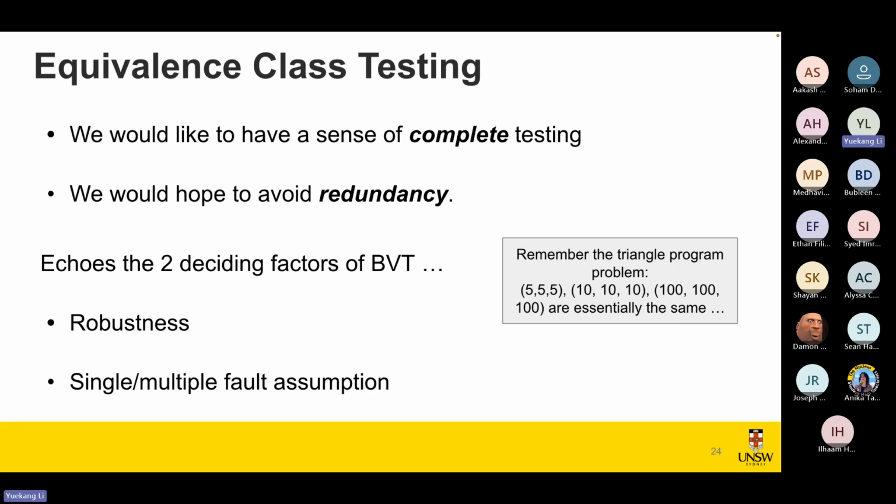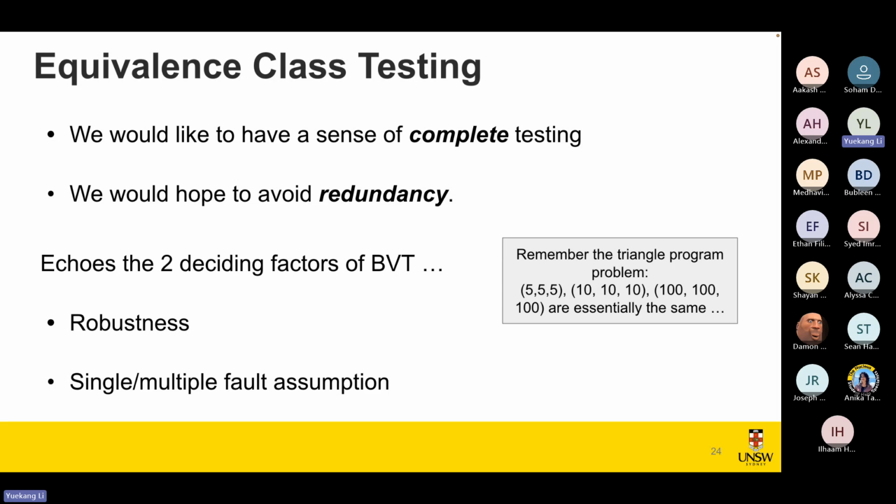Here is a small motivating example for equivalence class testing. Remember, in the triangle program, all these test cases are different in values, and maybe some of them take extreme values and some do not, but they are essentially the same from the program's point of view. Why? Because all of them will trigger the program to output equilateral.